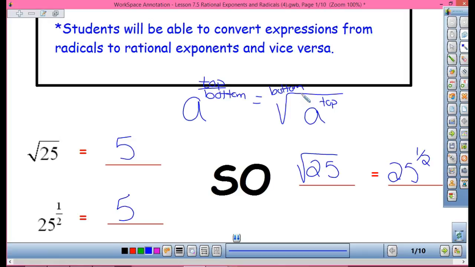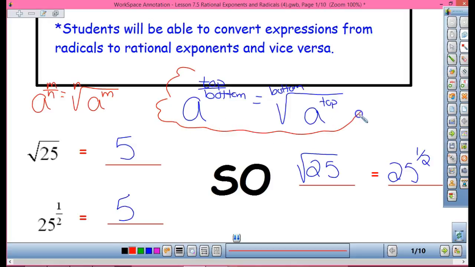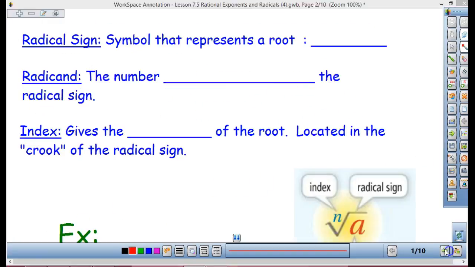The real formula is actually A to the m over n equals the nth root of A to the m. But I think it makes more sense when we're talking top and bottom of our fraction. I know it's not using the correct vocabulary, but I think it makes more sense. Okay? Alright, so using that, we've already talked about this.